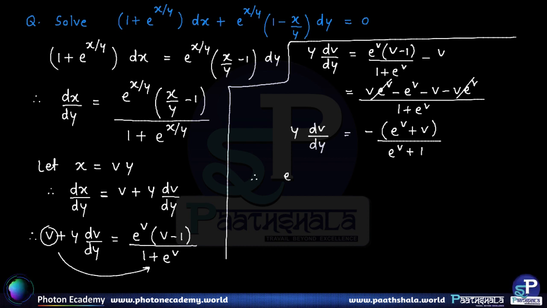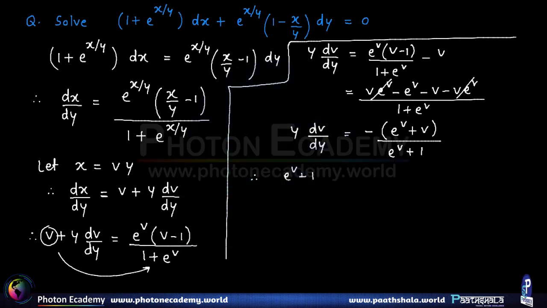We can write (e^v + 1)/(e^v + v) dv = -(1/y) dy, correct?